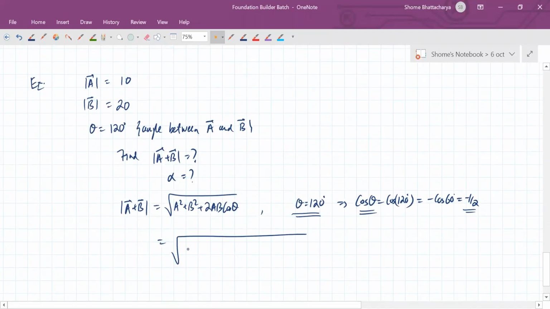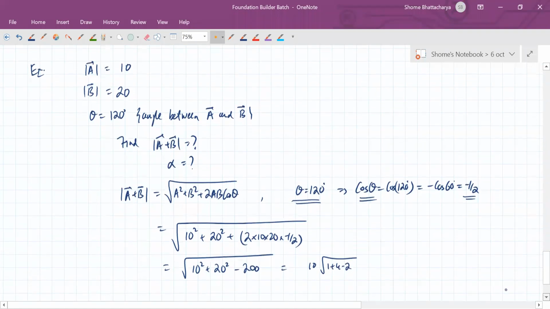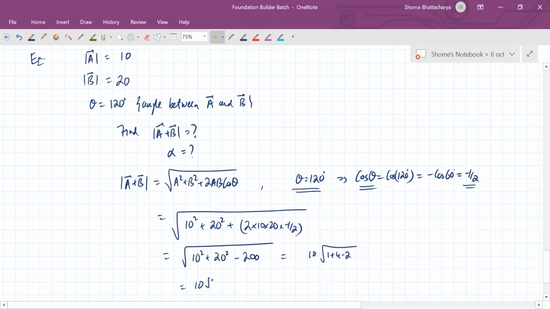So this will become square root of 10 square plus 20 square plus minus half. That is 10 root 3. So magnitude of A plus B in this particular case becomes 10 root 3. But moreover, this is how we implement this.